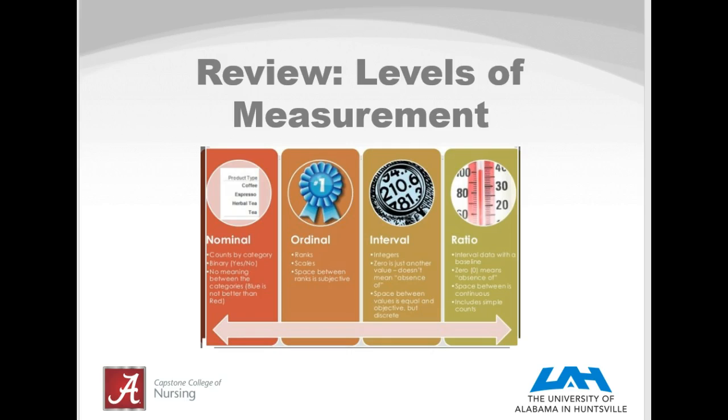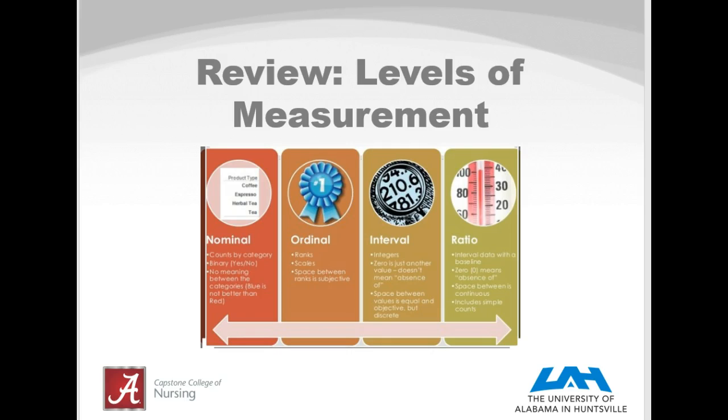Now, what types of variables fit into each of these categories? Well, we have nominal, ordinal, interval, ratio, and nominal is considered the lowest level, and it must conform to two rules. One, data categories must be exclusive, and two, they must be exhaustive.